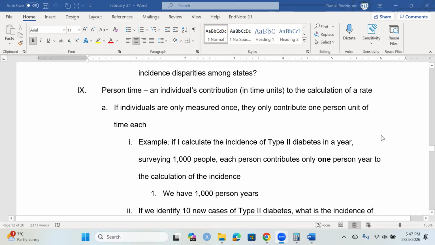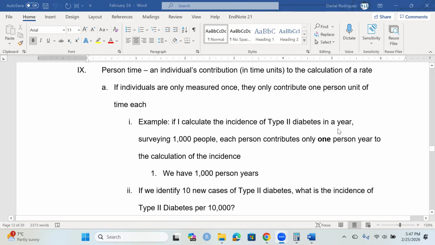So person time is an individual's contribution in time units to the calculation of a rate. Okay, so how many times that they come in to be measured. If an individual is only measured once, they only contribute one person unit of time each. So here's an example.